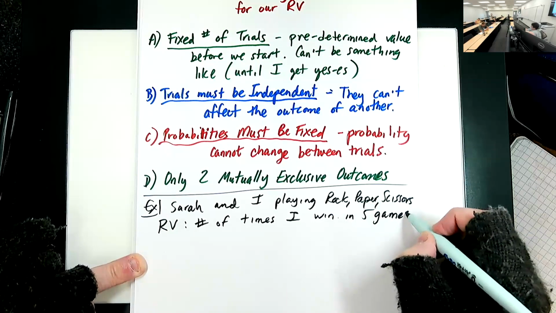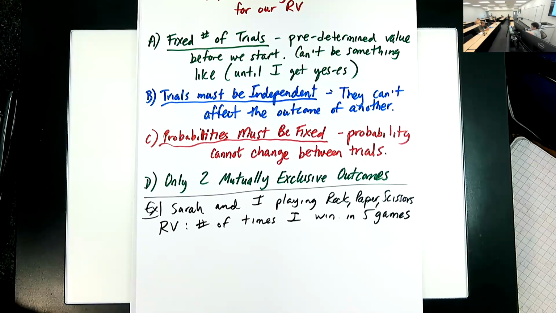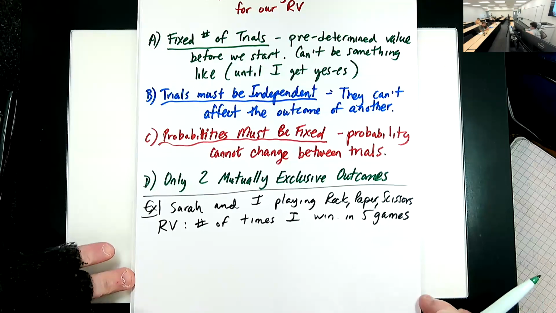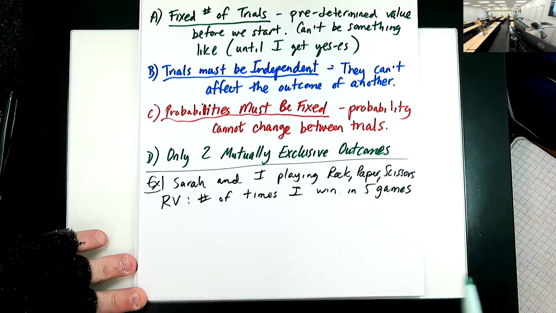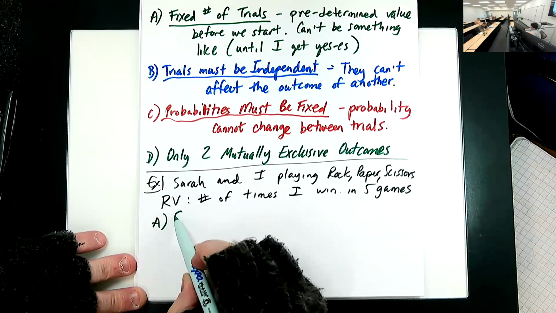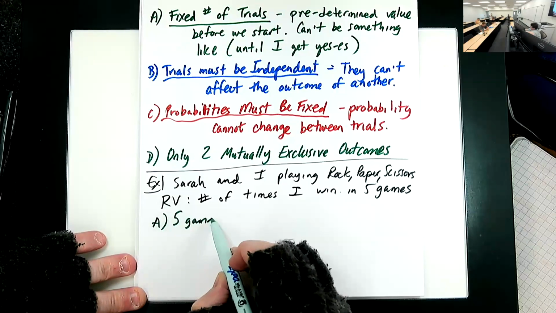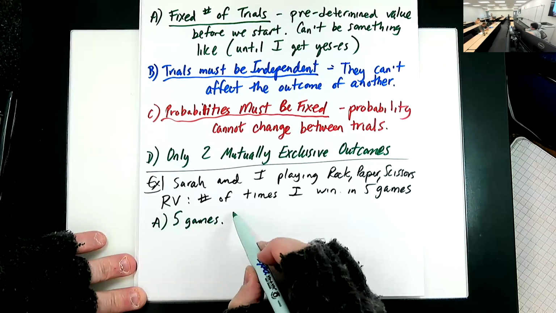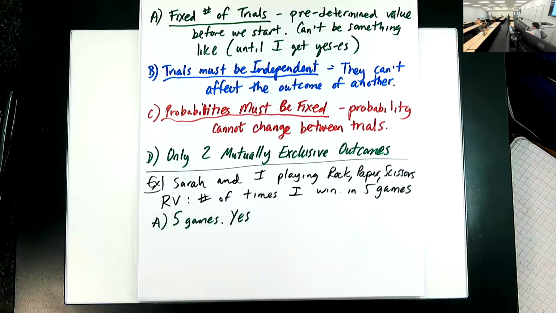That's part of this. So do I meet these criteria? A, 5 games was specified. That's a fixed number of trials. So we meet A.